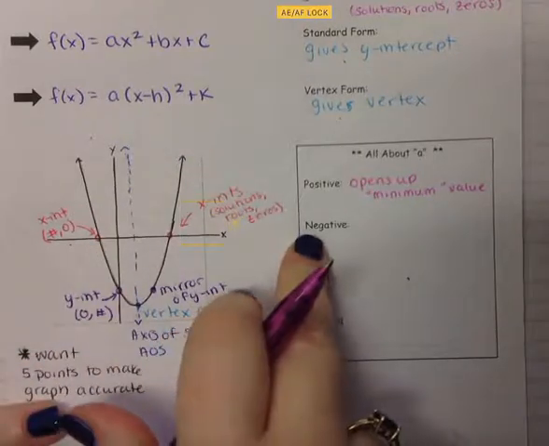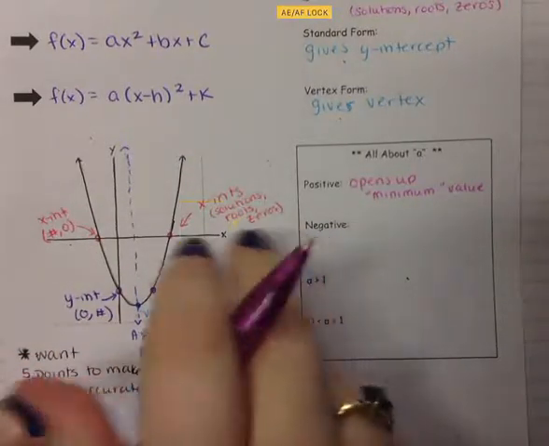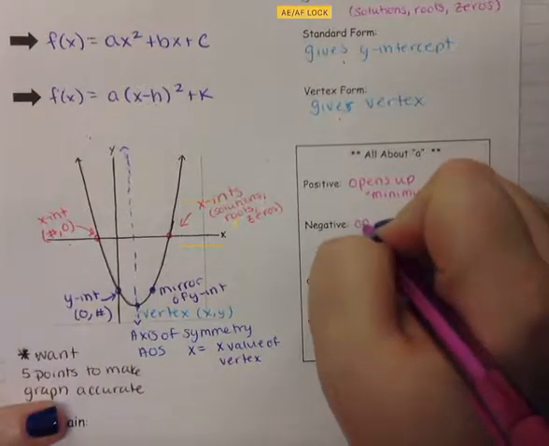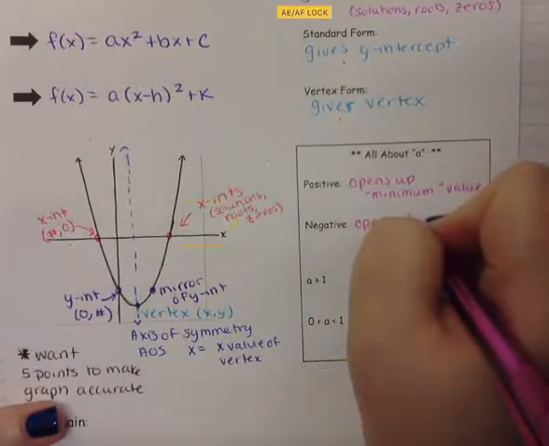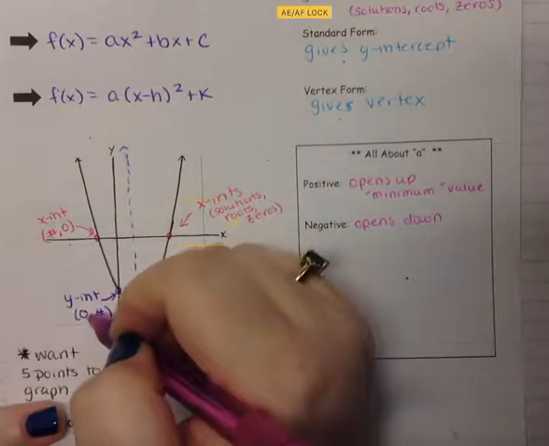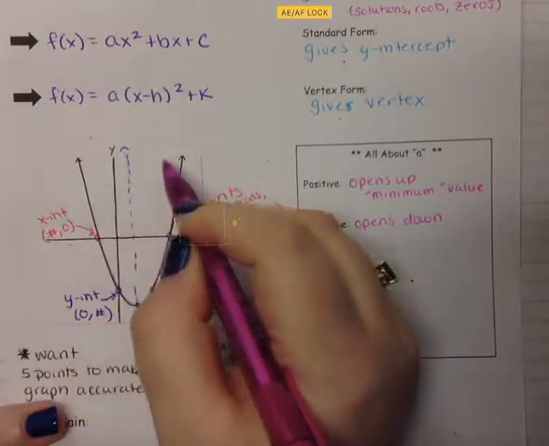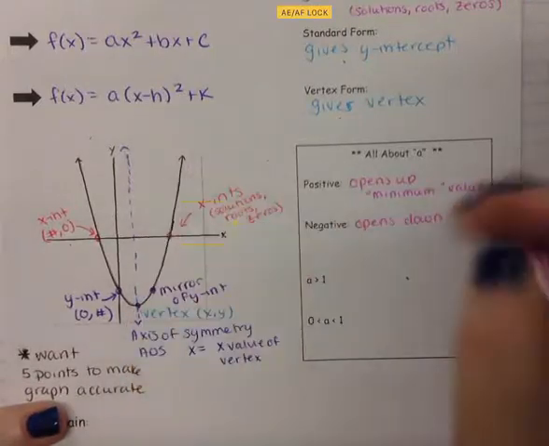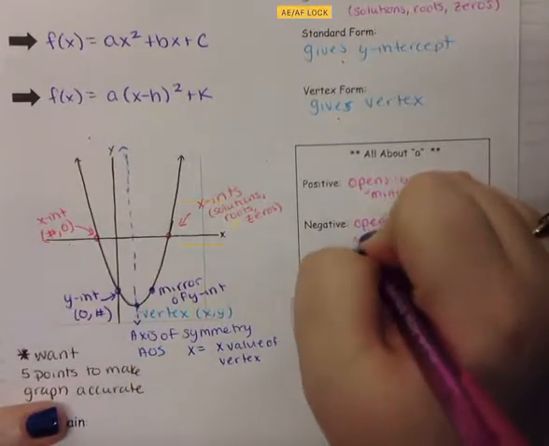Now if it's negative, that means the graph will go towards the negatives. That means it's opening down. So if it's opening down, the graph would go like this, and you'd have a point up here. Your vertex would be up at the top. That would be a maximum value.